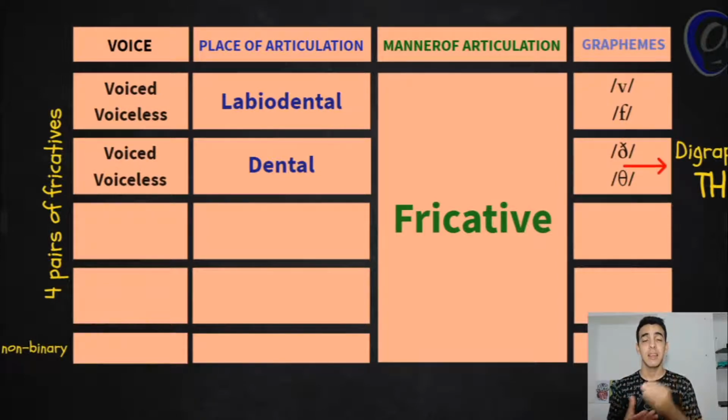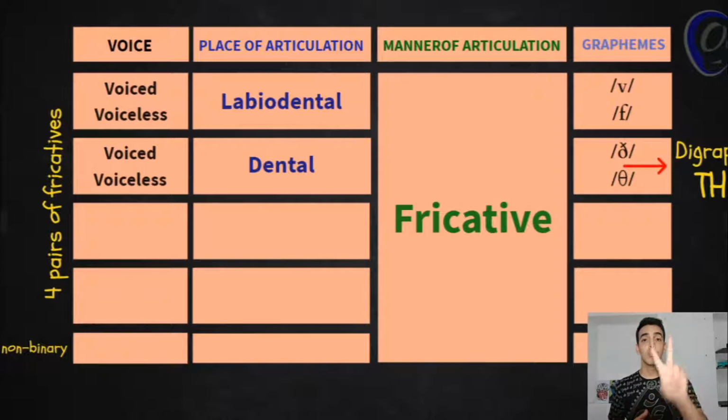Between the teeth for us, in order to exaggerate, because native speakers tend to place the tongue behind the teeth. But for us it's okay to exaggerate. So the definite article, for example, and think, to think. Those three correspond to this digraph.